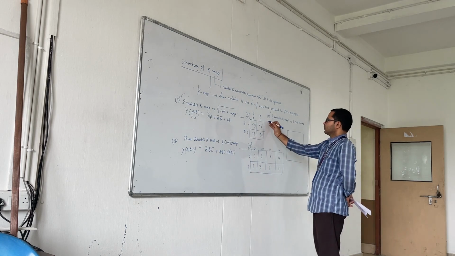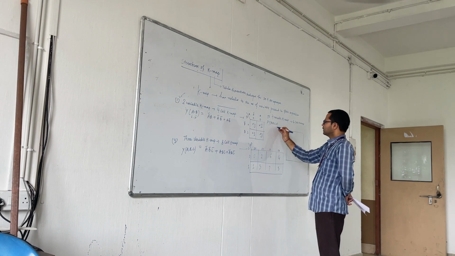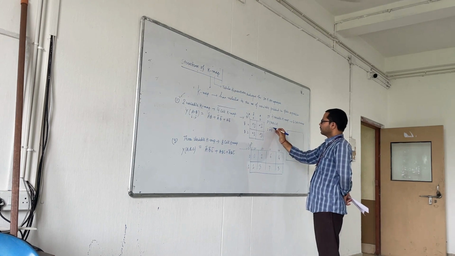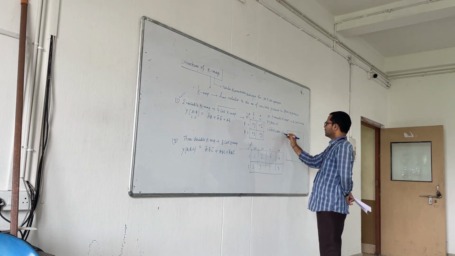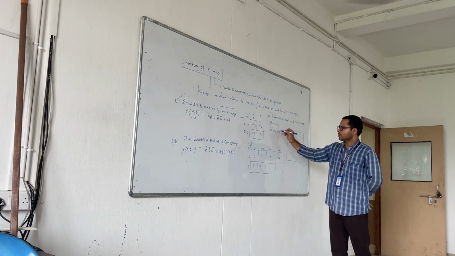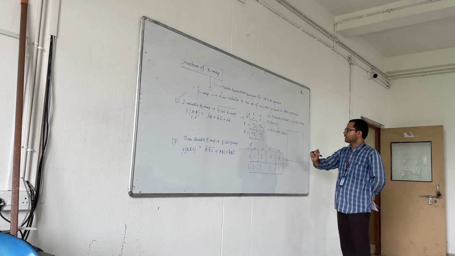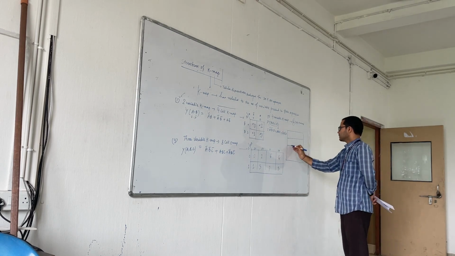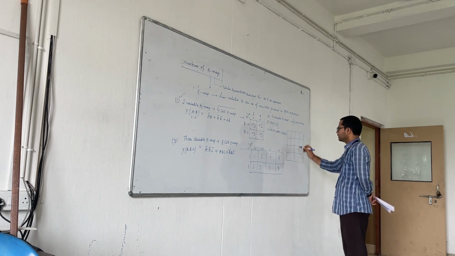For example, y of A, B, C, D is A bar, B bar, C, D plus A, B, C, D plus A bar, B, C bar, D. In this way, if you have such type of expression where 4 variables are present, then we have to use a 16 cell K map, and the 16 cell map will be like this.